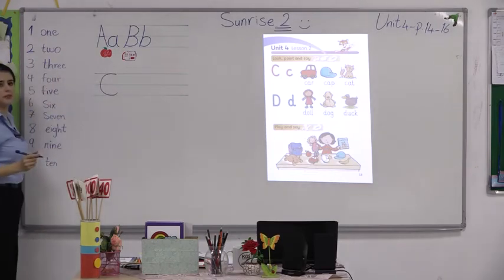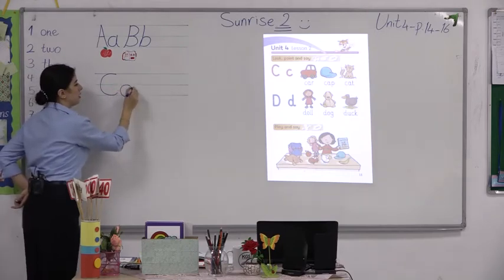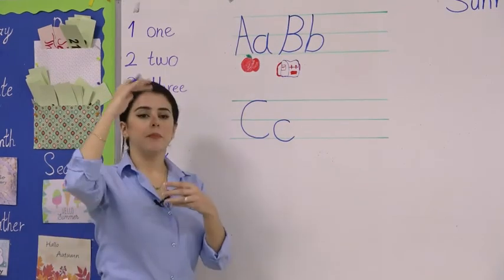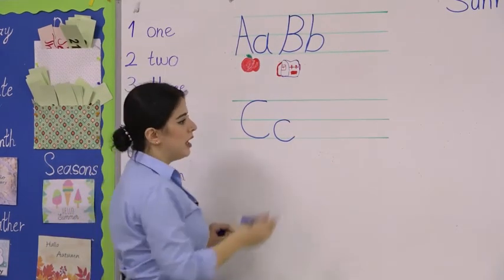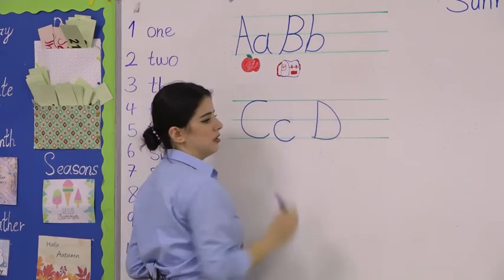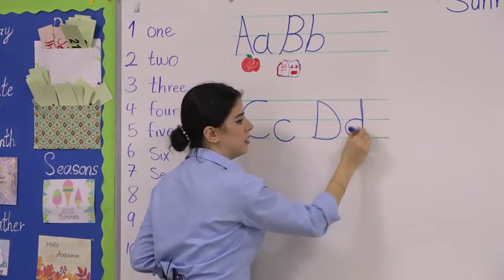Then we have lowercase c. Lowercase c is smaller. Capital C is bigger. Then we have capital D and lowercase d.